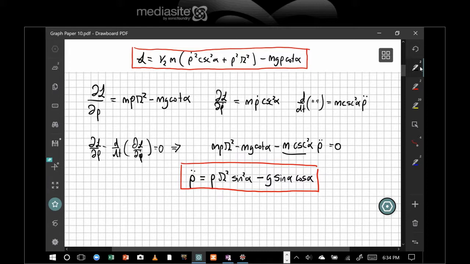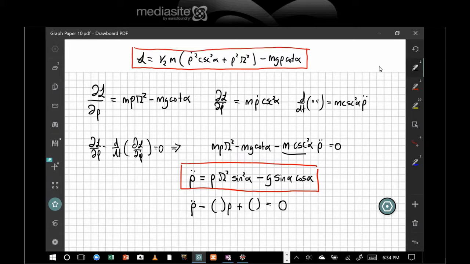It basically says that rho double dot minus some constant times rho plus another constant equals 0. Now, you may look at that and say, is that really simple harmonic motion? No, because of that minus sign there. The solution to this differential equation is going to be a cosh or a sinh. So this equation is not simple harmonic motion.